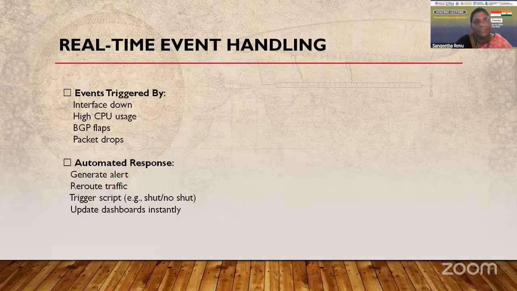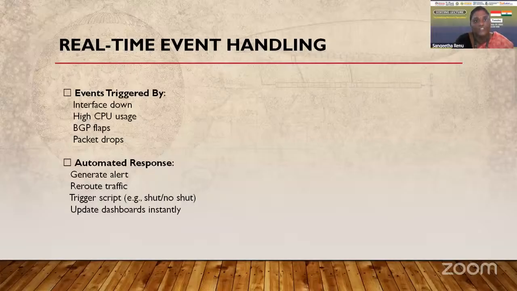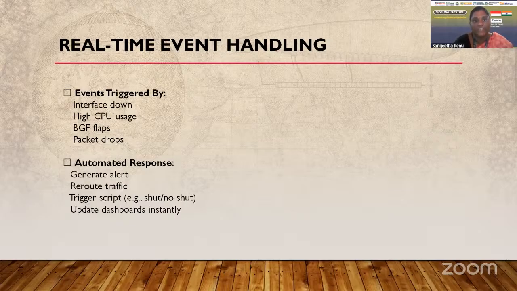BGP flaps: routing instability, where BGP connections frequently go up and down, risking packet loss or delays. Packet drops: packets lost due to congestion, faulty hardware, or misconfiguration, affecting applications and QoS.